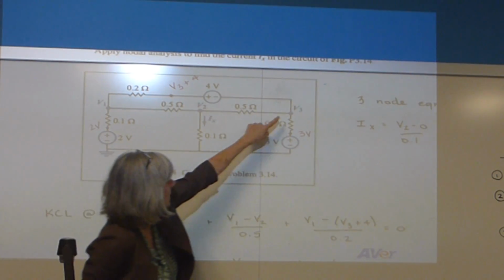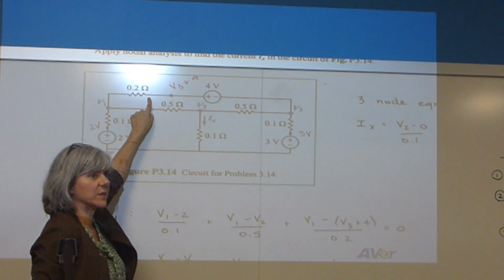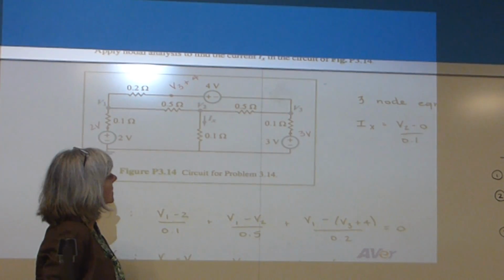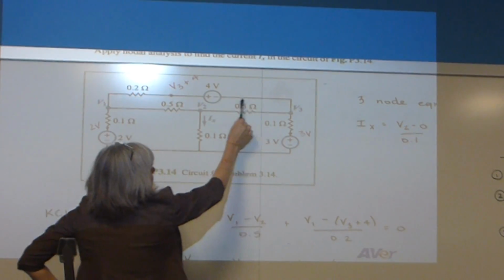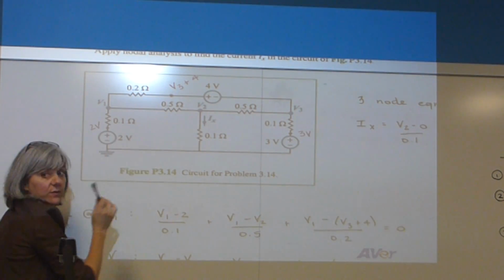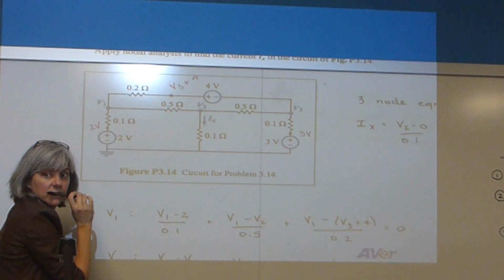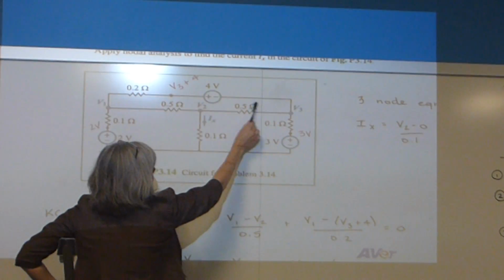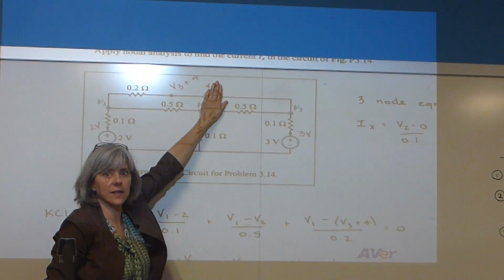So V sub 3, ooh, interesting problem here. Let's think about it this way. The current through this branch is the current through that resistor, which is this voltage minus that one. I don't know what the current through the source is, and that tells me nothing because it's a source.